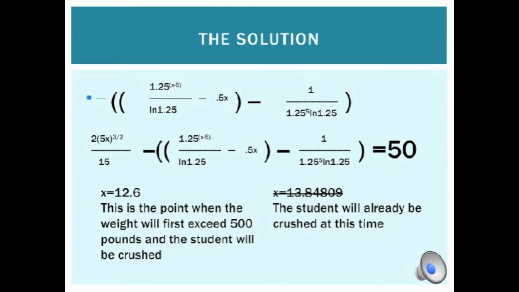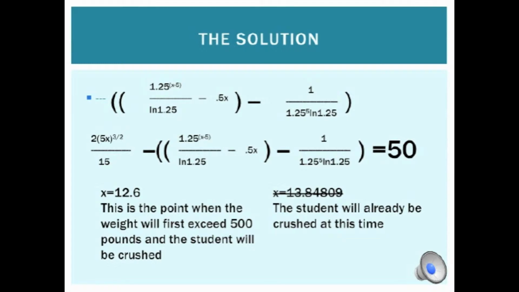Negative 1.25 to the x minus 5 power over natural log of 1.25 minus 0.5x minus 1 over 1.25 to the 5th power natural log of 1.25. 2 times 5x to the 3/2 power over 15 minus 1.25 to the x minus 5 power over natural log of 1.25 minus 0.5x minus 1 over 1.25 to the 5th power natural log of 1.25 is equal to 50.